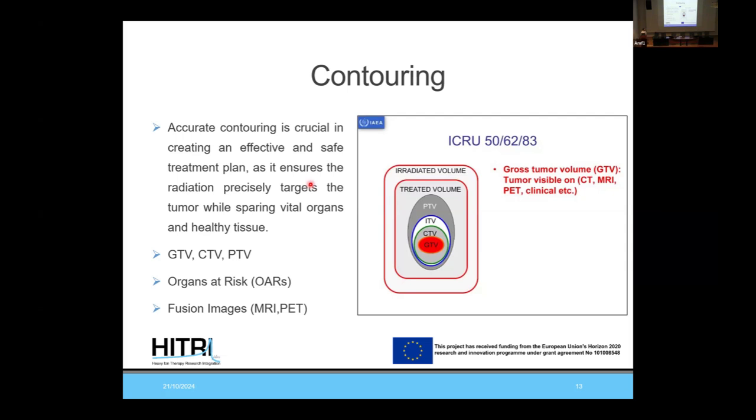Basically, there are guidelines from ICRU, as you can see. After that, it always depends on the anatomical region. I'm going to see organs at risk. If I'm going to irradiate a brain, I don't want to see something like prostate, for example. I don't care. It's very, very far. It's very distant.